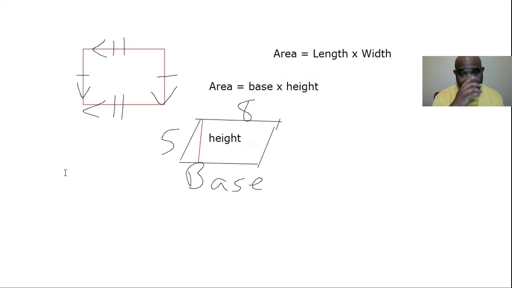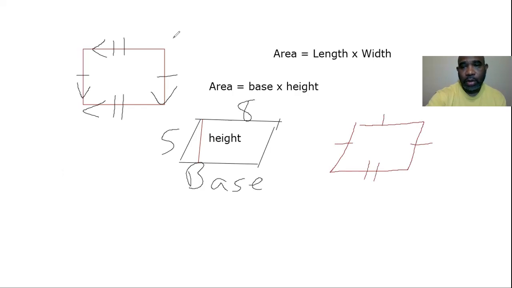So often, instead of giving you one side or both sides, they'll give you a height. So they may say, well, this side is, say, 7, and the height equals 4.